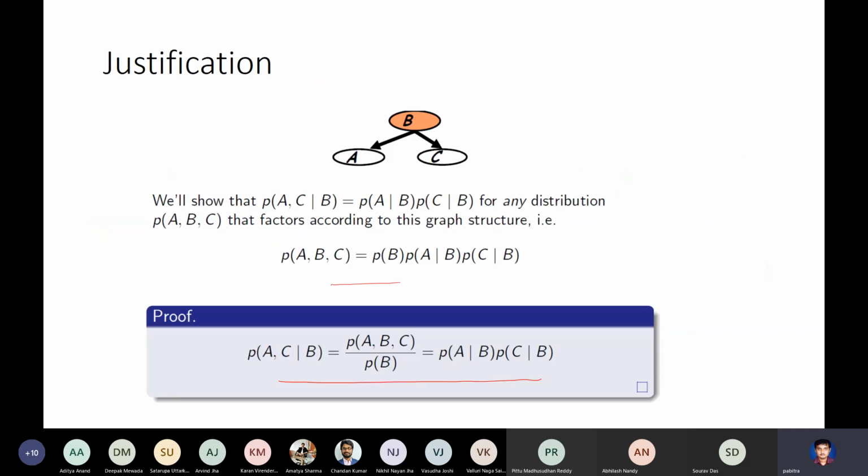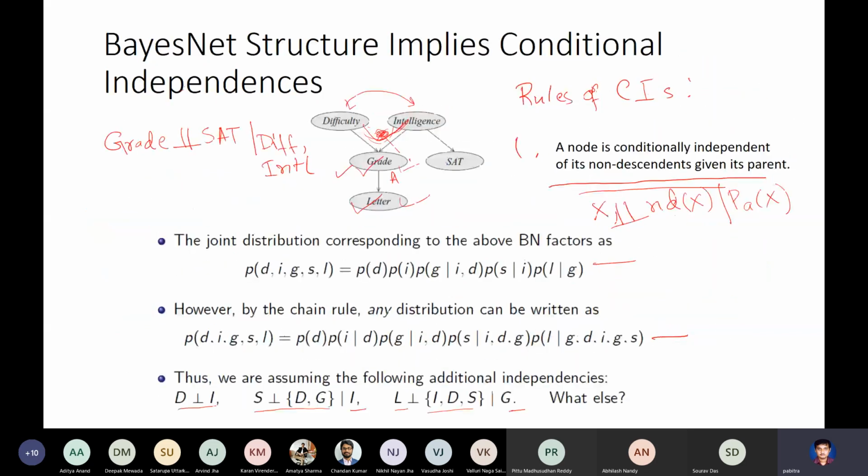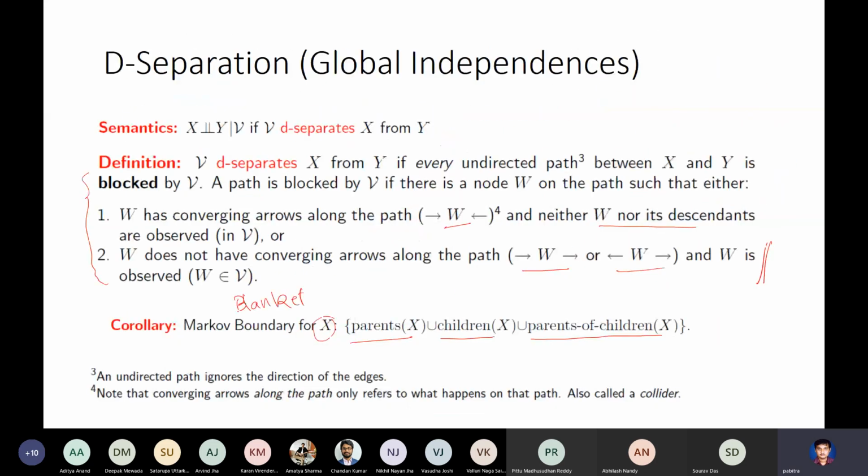So the Markov blanket for grade would be this, this, and this. This would be the Markov boundary or the Markov blanket. As a corollary of d-separation, you get that a node X is independent of every other node in the network given its Markov blanket.